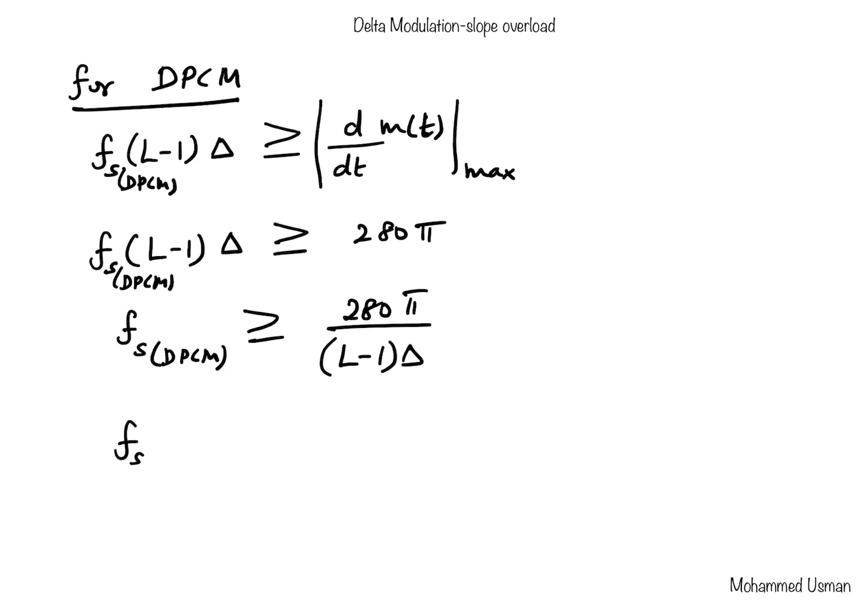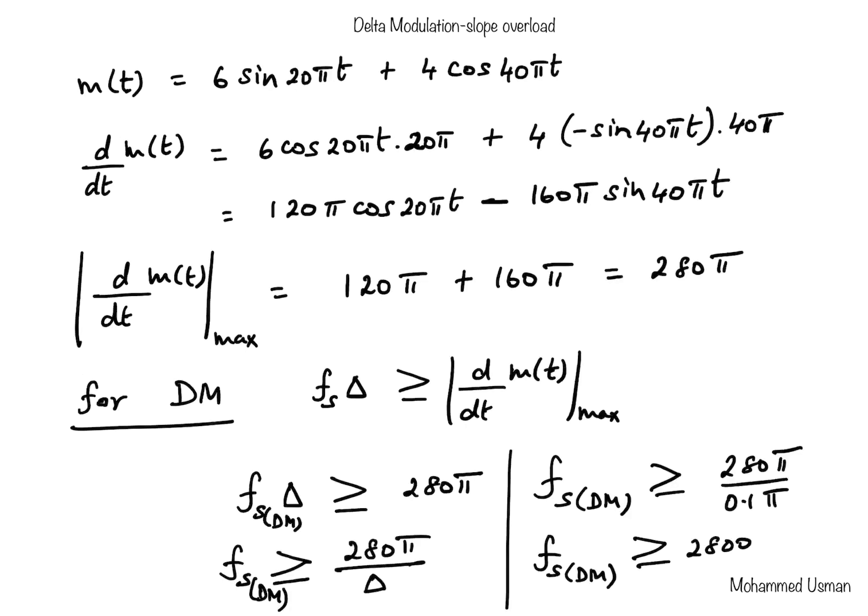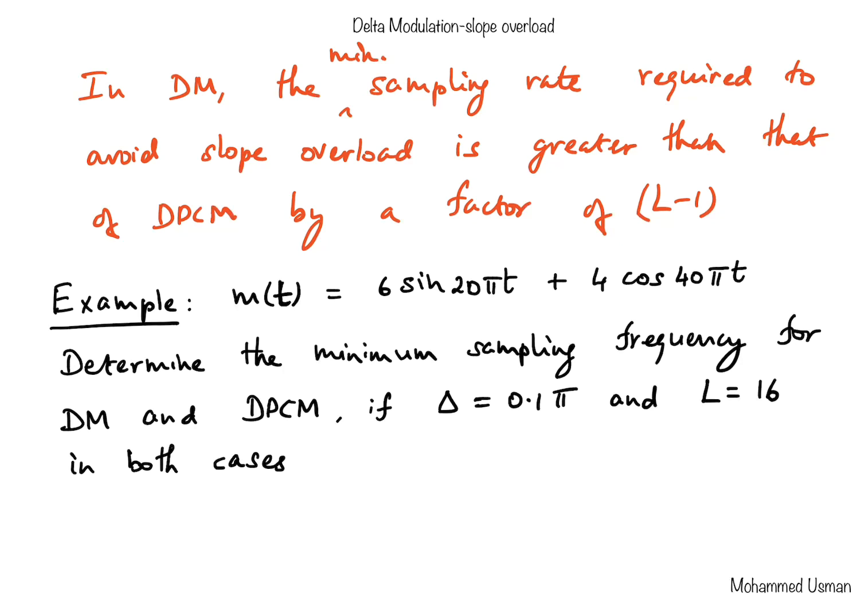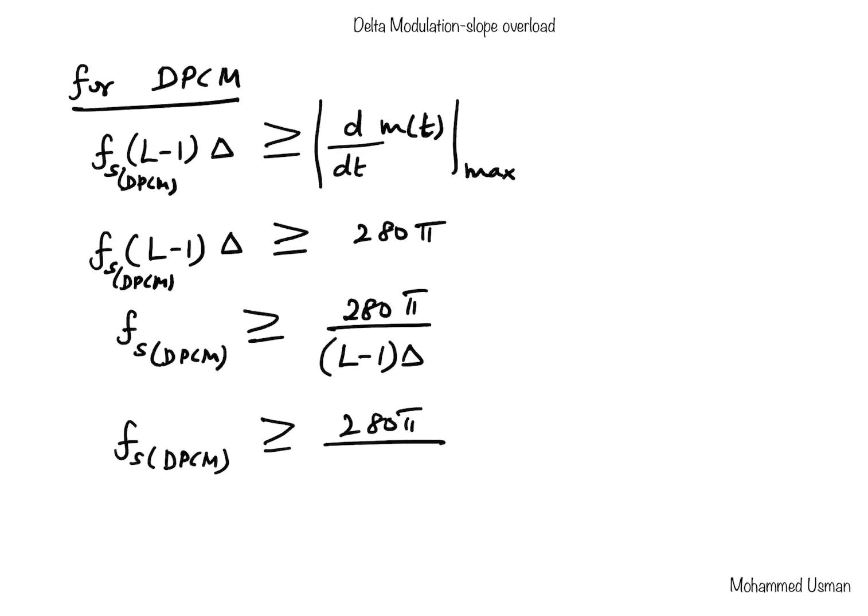So Fs for DPCM should be at least 280 pi by L minus 1 times delta. L is given to us in the question as 16. So 16 minus 1 would be 15, times delta, which is 0.1 times pi.